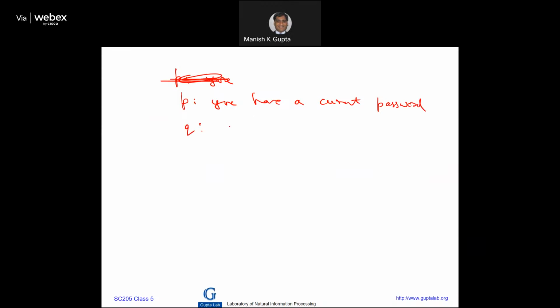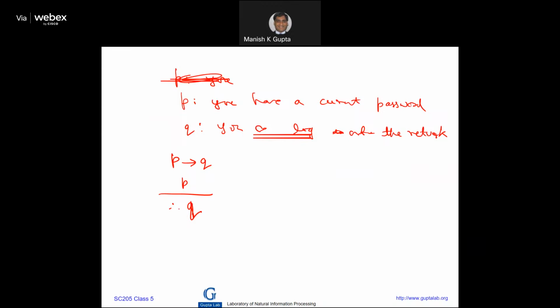And Q is a statement: you can log onto the network. Okay, P is you have a current password, Q is you can log on to the network. So I want to know whether P implies Q and P, therefore Q, is a valid argument.